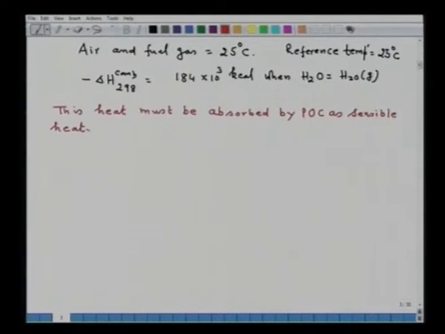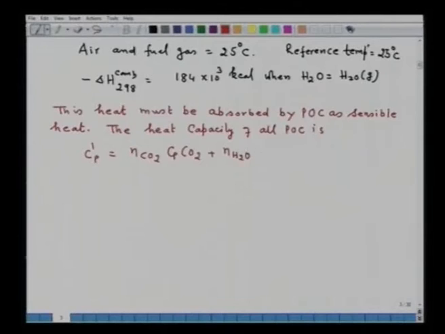So now we can find out the heat capacity of all products of combustion, given by say C dash P, that is equal to n number of moles of CO2 into Cp CO2 plus n H2O Cp H2O plus n N2 Cp N2.